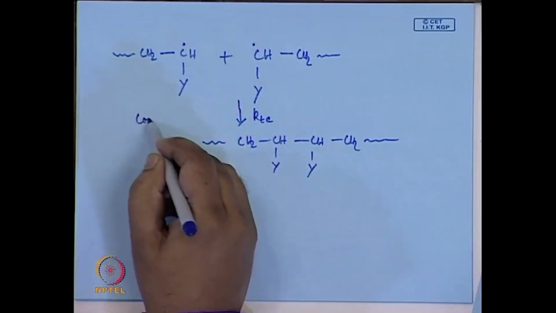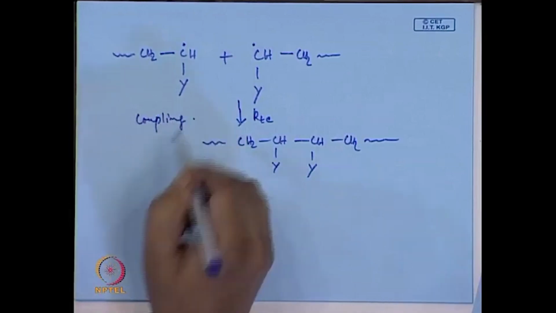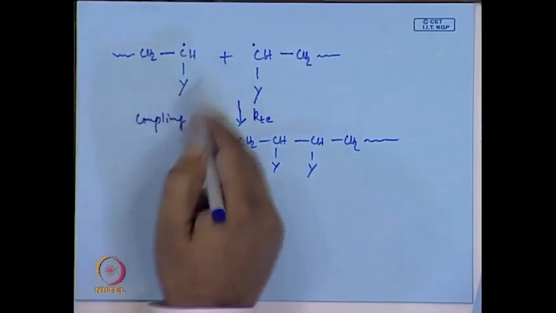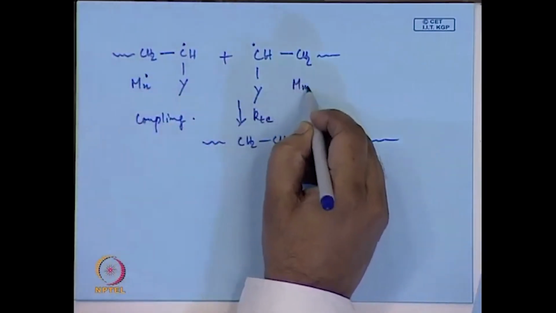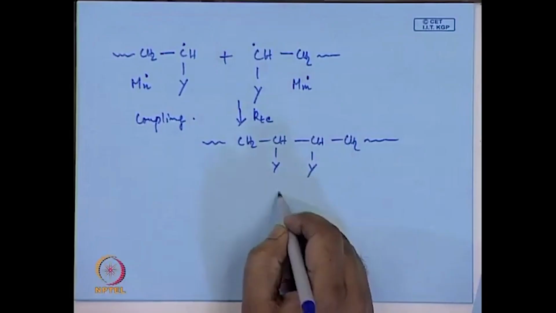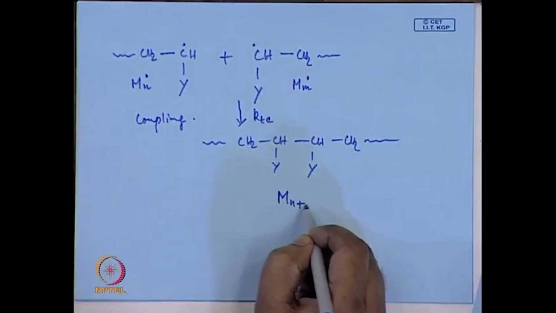This is a coupling process. So, if I write this as Mn dot and this as M dot, then this will give Mn plus M.